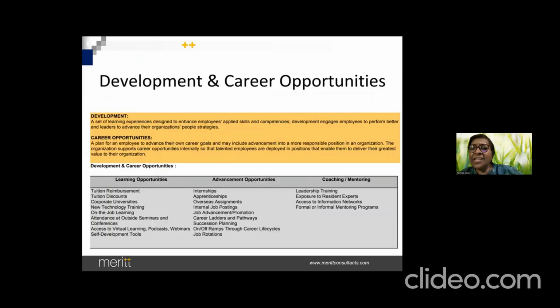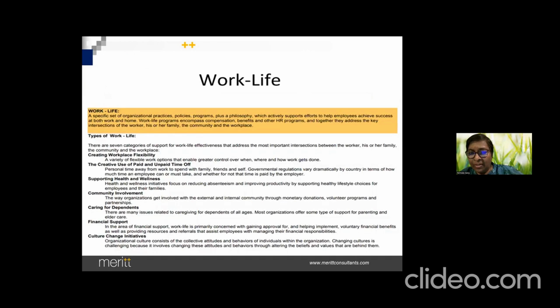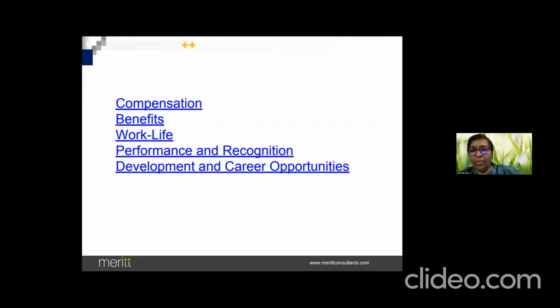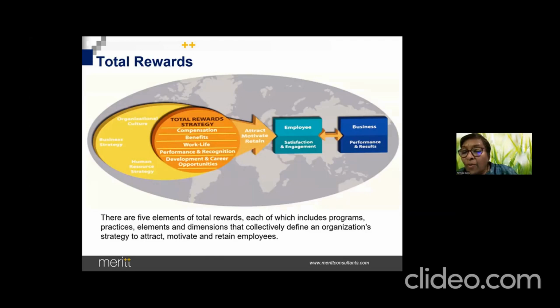Now, when organizations are looking at this model, the most important thing for you all is that they don't work in silos. You're not looking at compensation or variable pay in silo, meaning in isolation. You are not looking at work-life balance in isolation.